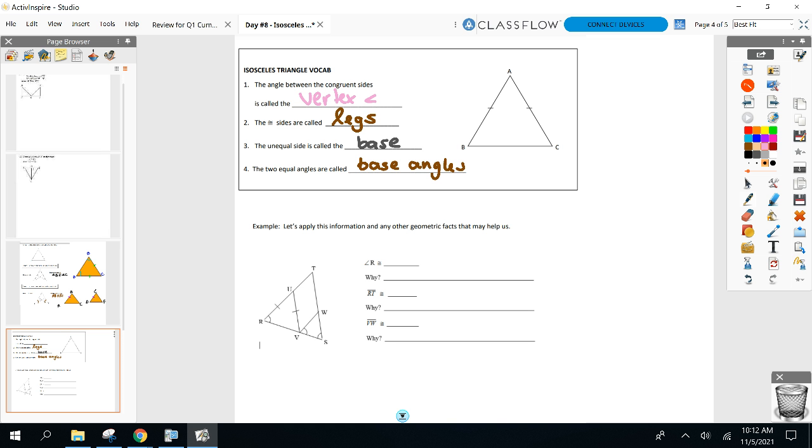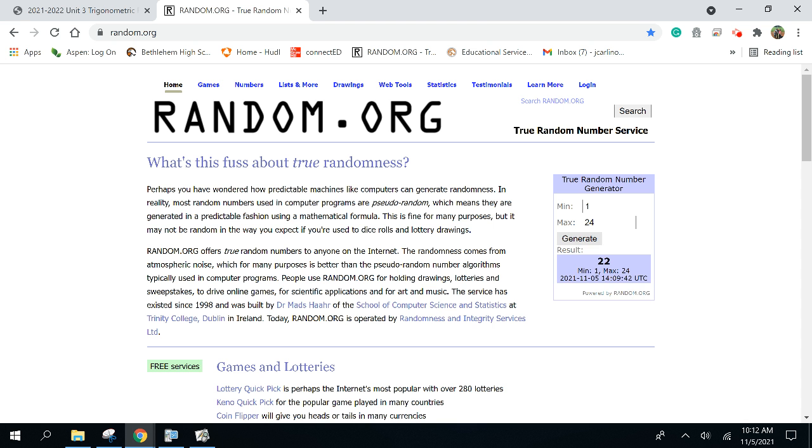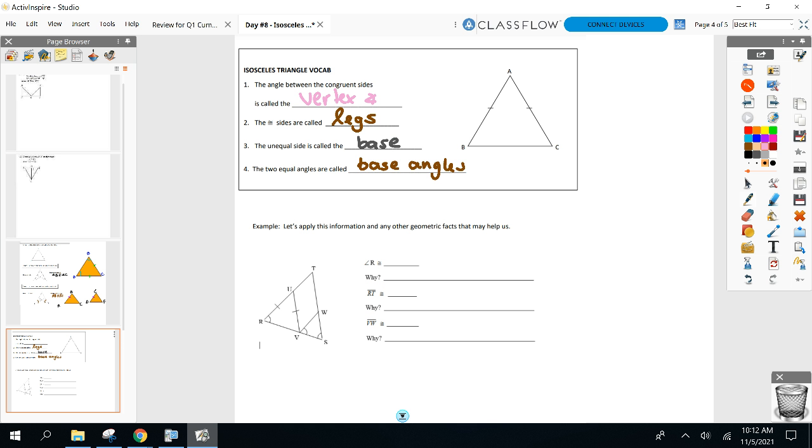Vertex angle. All right, so I'm going to call on 4 people right now. And I'm going to go through these terms again, and you tell me what side or what angles I'm talking about. Everyone ready? What is the vertex angle in this diagram right now? The vertex angle in my triangle ABC. Where's the vertex angle located? A, correct.